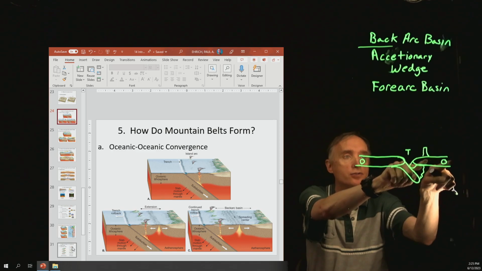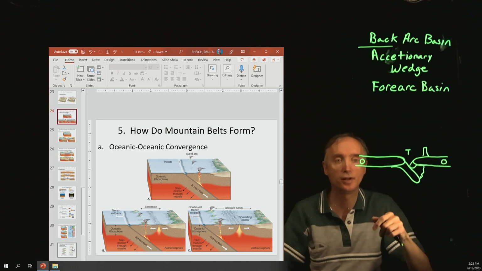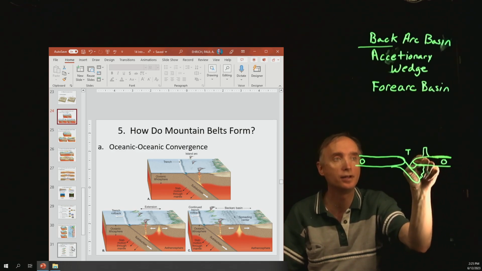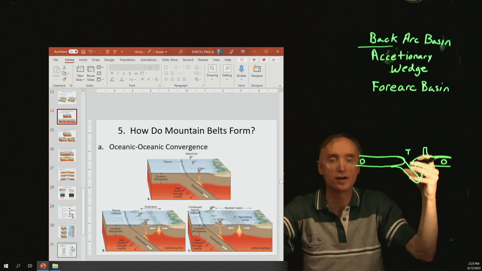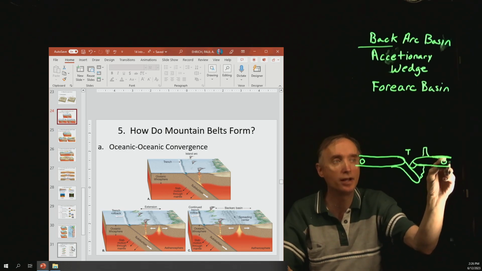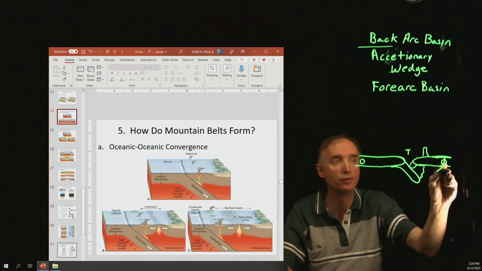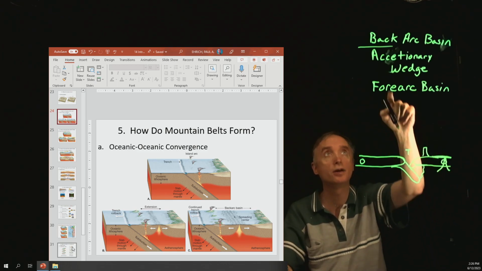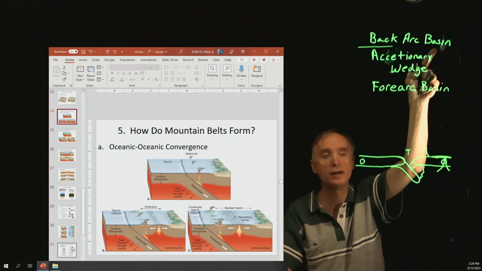Another thing that's going to happen is as this thing is going underneath this one, it's going to stretch this plate here, so that in this region back behind the island arc system, it's going to start to stretch out, and as this plate gets thinner, that makes it easier for material to flow up to the surface back here. This is going to be called a back arc basin.